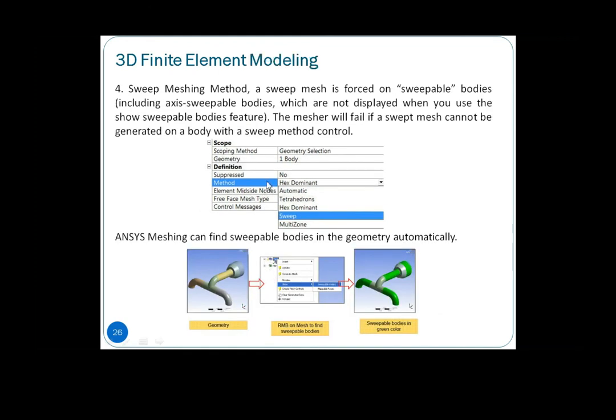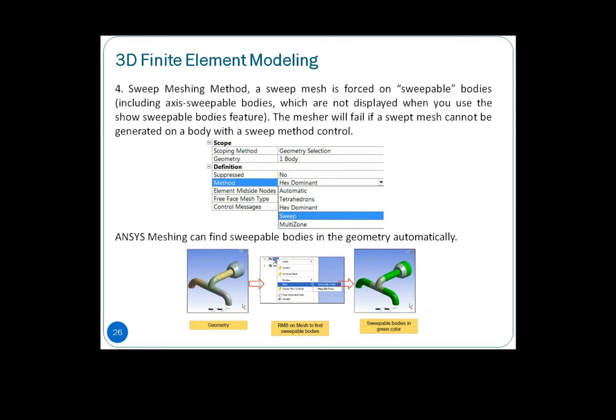The sweep meshing method is for sweepable bodies. Any body that is sweepable, you can use this method and it will discretize using hex types of mesh.